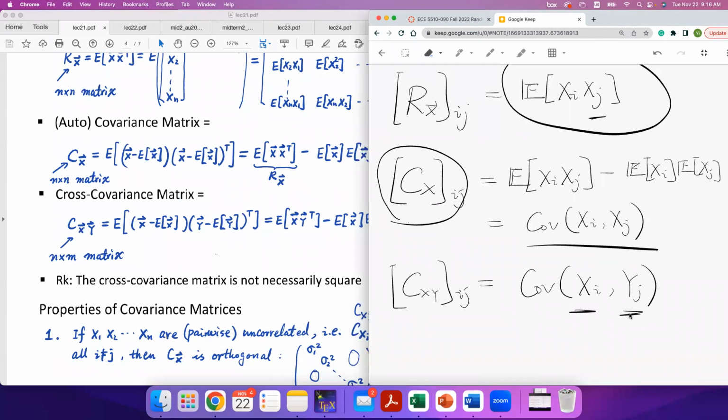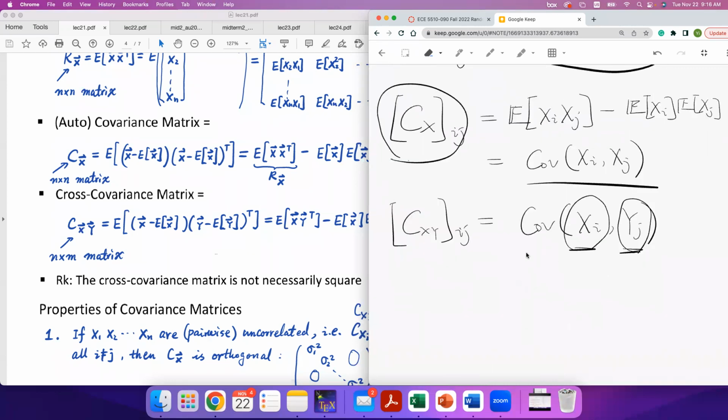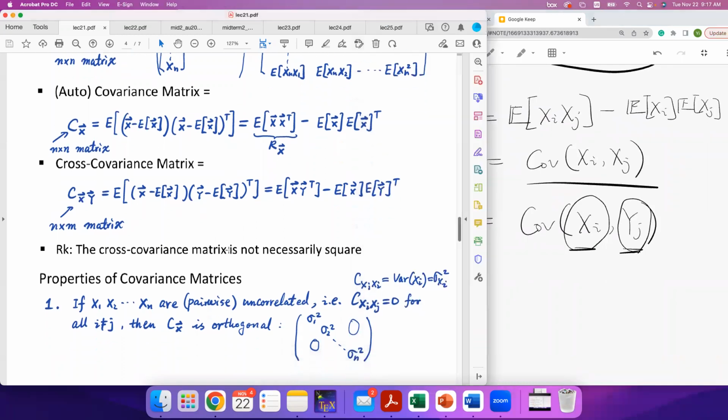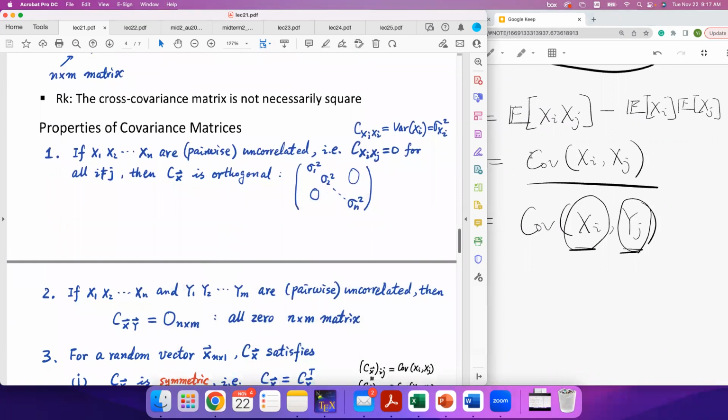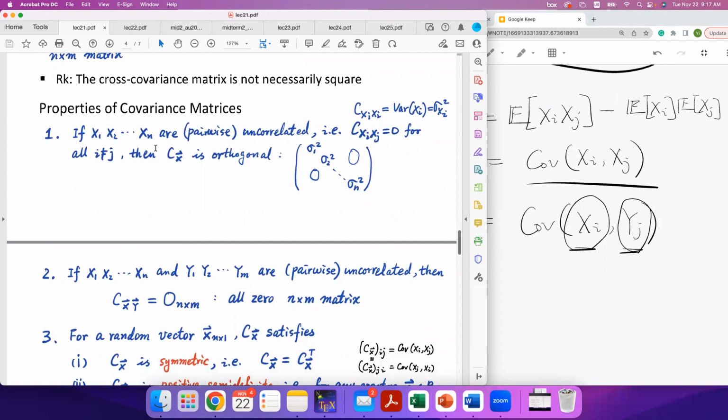So it's the covariance of all the pairwise random variables coming from the random vector x and the random vector y. So all the pairwise covariances. Now with this, we can have all these properties of covariance matrices.